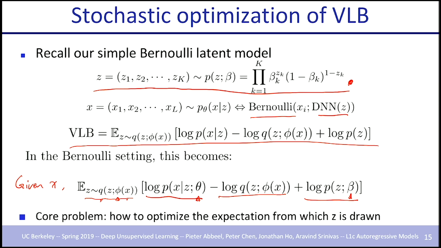The core challenge is that you are now optimizing an expectation. In most places where we apply stochastic gradient descent, you have some data, and you are optimizing some function that takes in x as well as theta. But in this case, the input also depends on the parameters: how the distribution is sampled also depends on them.